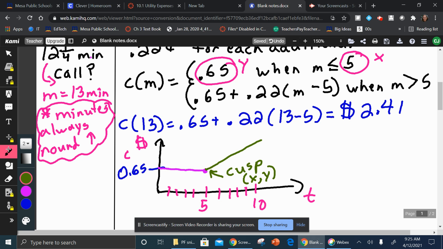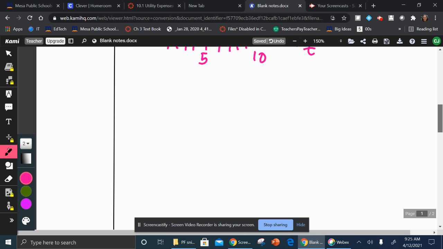I think of it as where it changes directions, the price starts to increase. Okay, everybody. So it's going to be 5 for the X value and then 65 cents for the Y value.